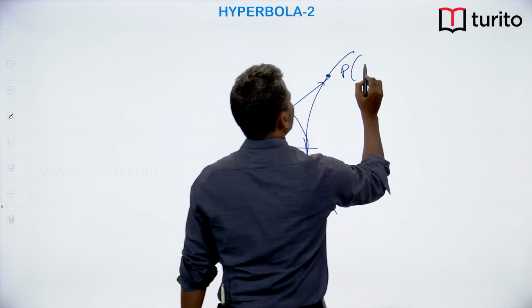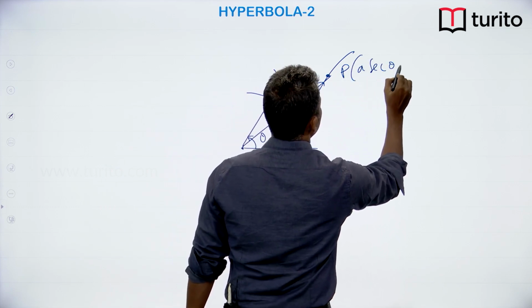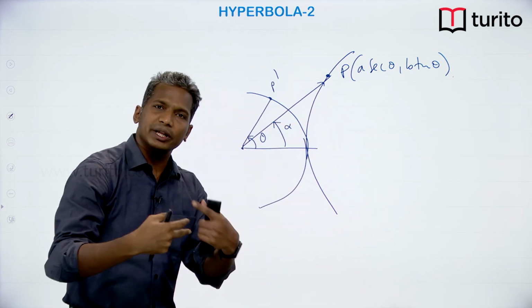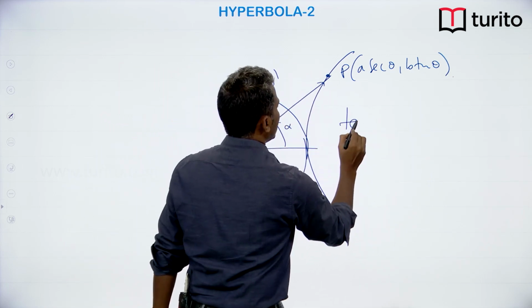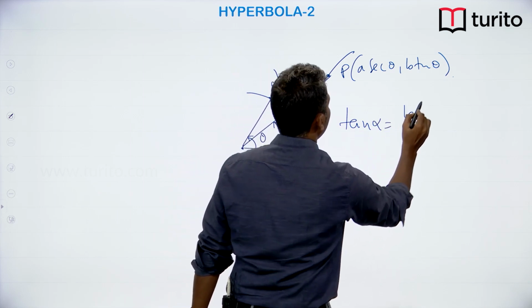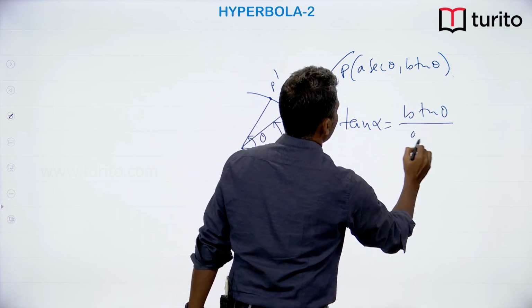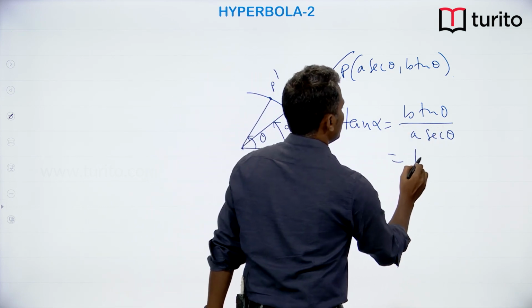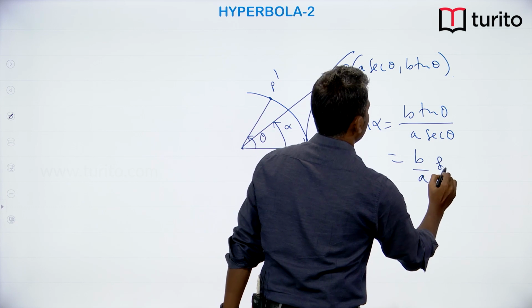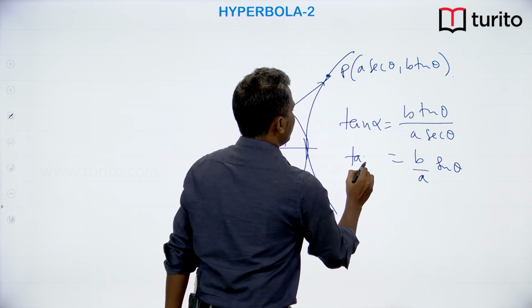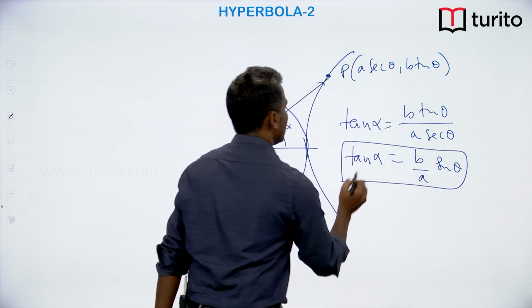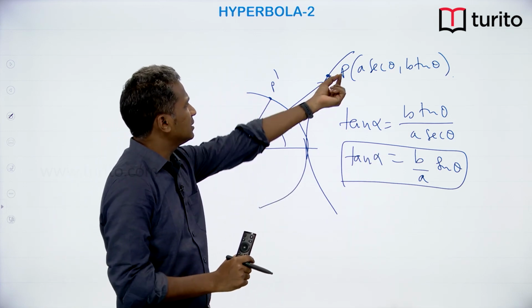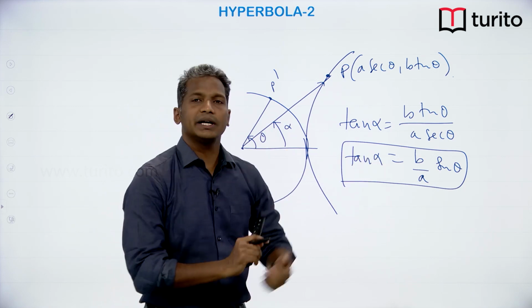Because the coordinates of P are a sec theta, b tan theta, if we take the ratio of y coordinate and x coordinate, we get tan alpha equal to b tan theta divided by a sec theta. This will give us b by a into sin theta. So, this way alpha and theta are directly connected. If you are interested in only finding the angle alpha, you can use this idea.